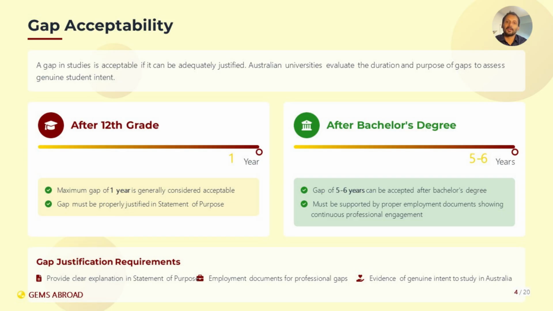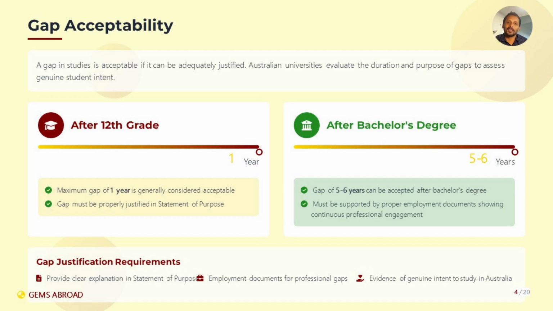Let's talk about educational gaps, which are common concerns for many Indian applicants. The good news is that gaps are acceptable if properly justified and documented. After completing your 12th standard, a maximum gap of 1 year is generally acceptable without extensive documentation.